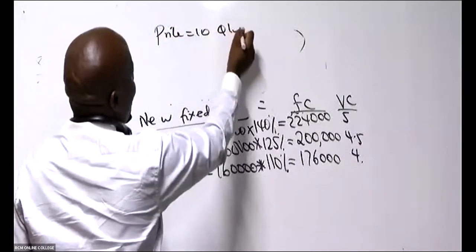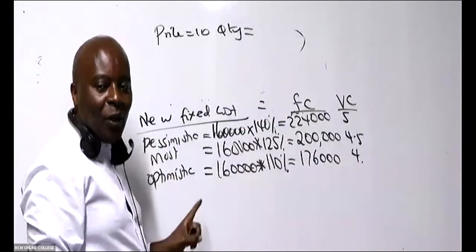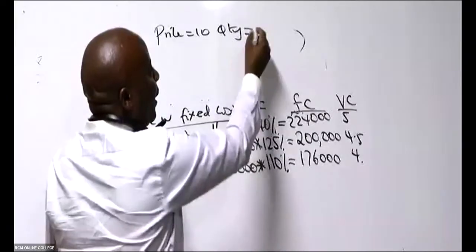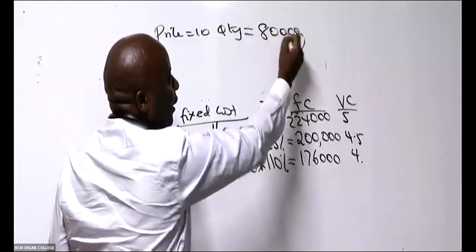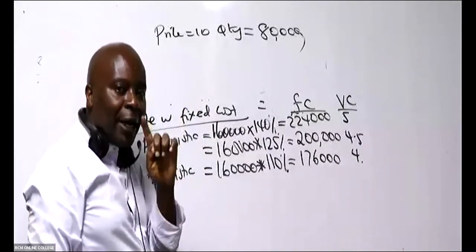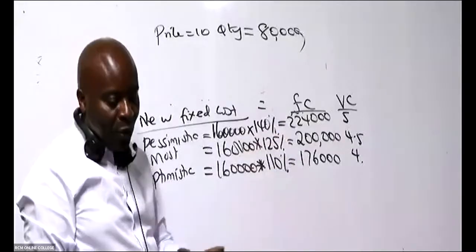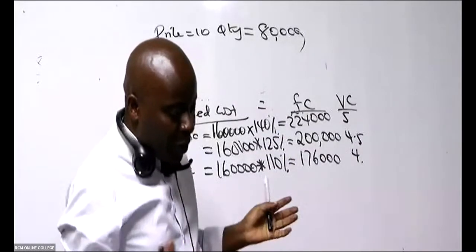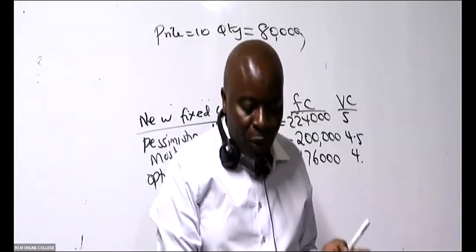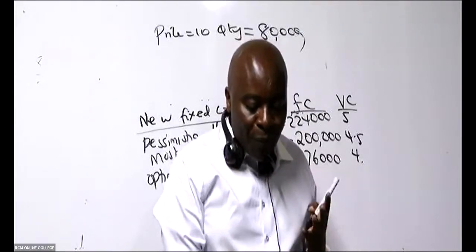And the quantity, they have told us regardless of the state of nature, will remain the same. I'm not the one who is saying that. If we charge a price of 10, the only parameters that will change will be fixed cost and variable cost. That is what they have told us. They're not giving us any information about new quantities should we decide to sell at the 10 bob.